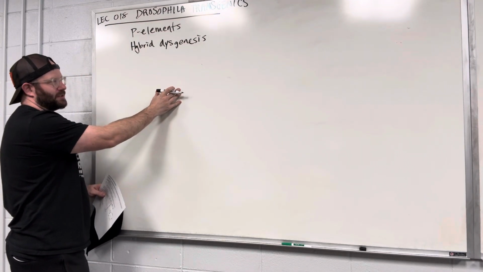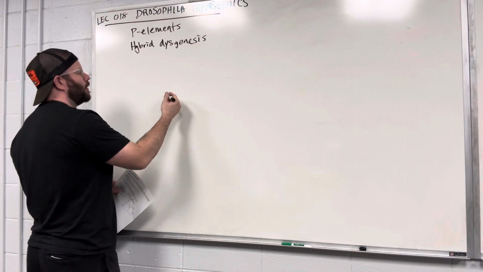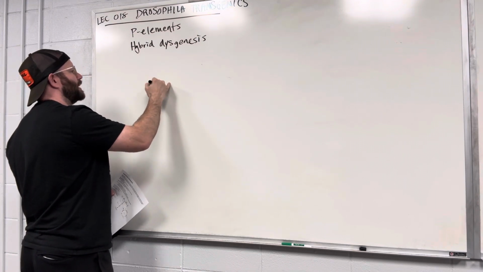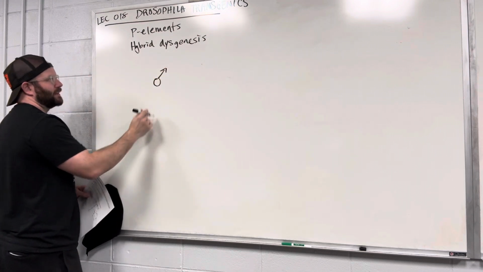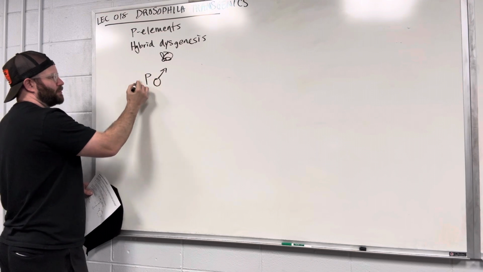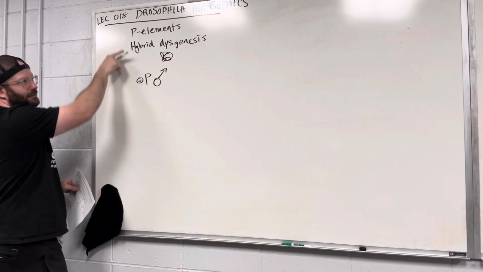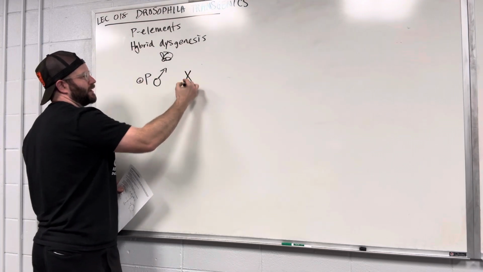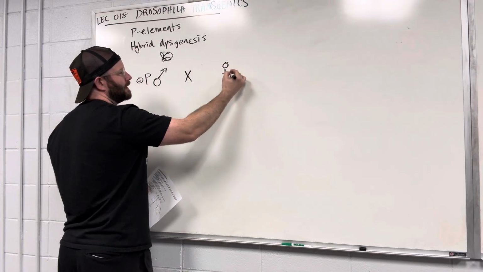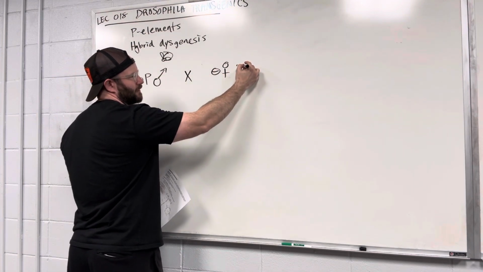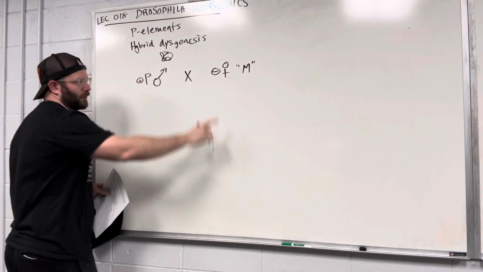Hybrid dysgenesis is this kind of bizarre phenotype where if you have a male, so these are fruit flies, okay? So if you have a male fruit fly that is P positive, so it's got a P element inside of it, and if that male crosses with a female that's, let's say, P minus, actually the technical term they use here is M, but we'll just say minus.